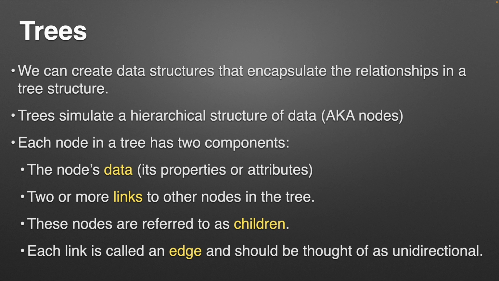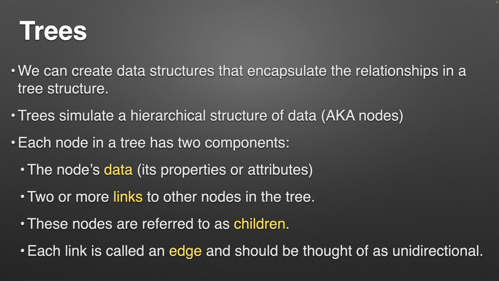And so you'll usually have a link, like if you're a parent, you may have links to your children, and however many children you have, you have that many links out to them as nodes. These are actually called children of the node, so the terminology gets carried over here.